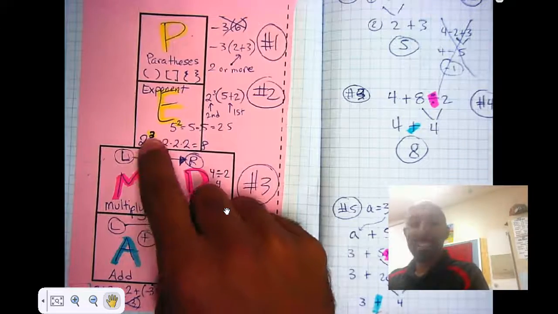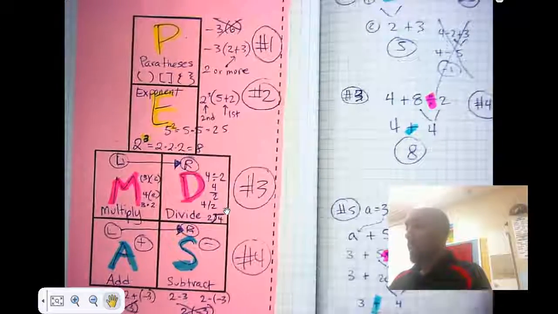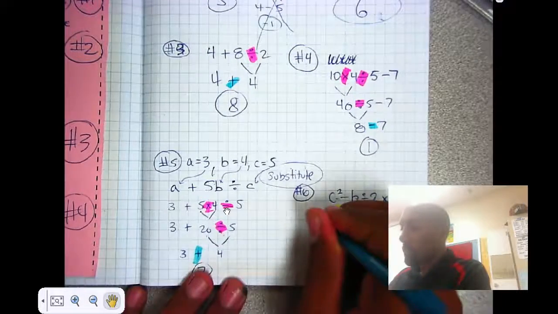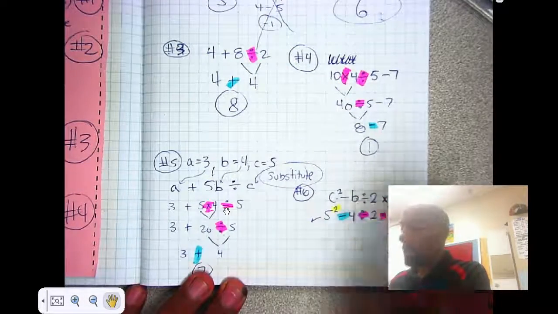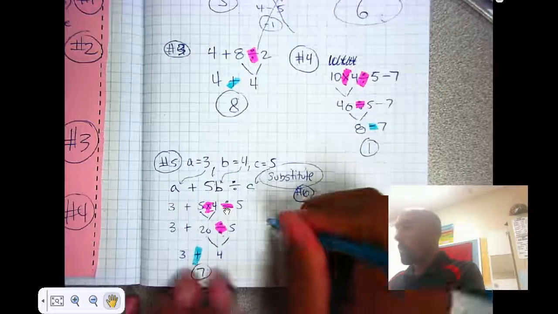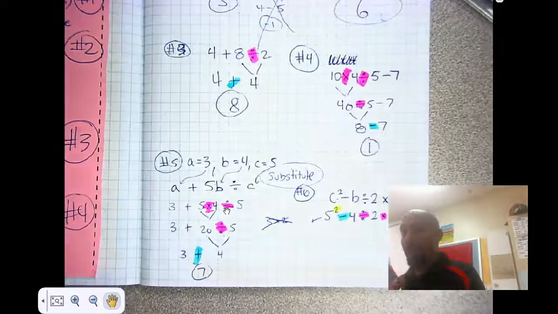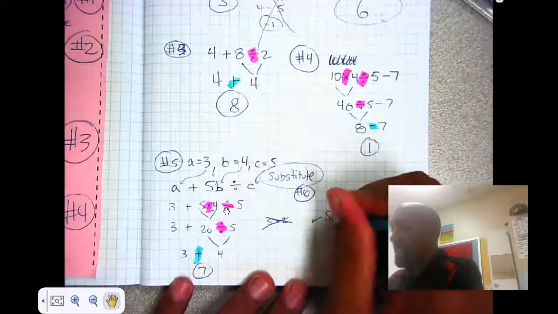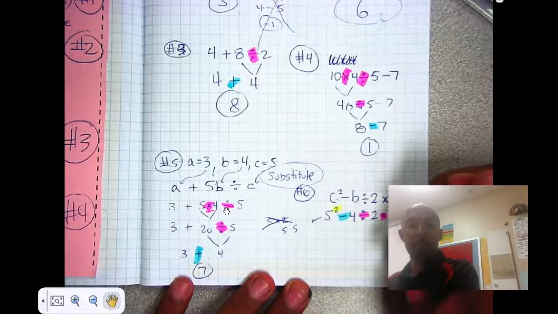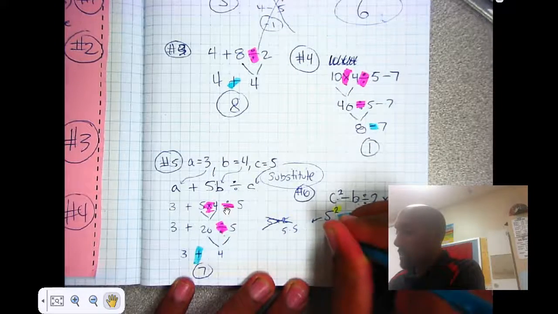If I have a little number, then I need to do that first. Now what that means, it says 5 to the 2. 5 to the 2 is not 5 times 2. No, that is not it. This means that I multiply 5 two times. 5 times 5, which is 25.